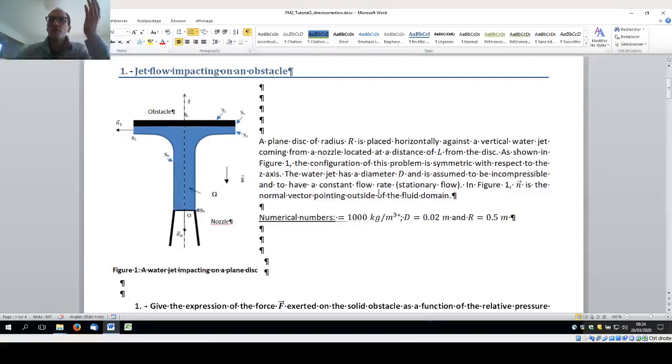This is a kind of classical impact situation in fluid mechanics. We will try to evaluate the force exerted on the obstacle, which is a black object, and to see how we can apply this momentum balance to this configuration.